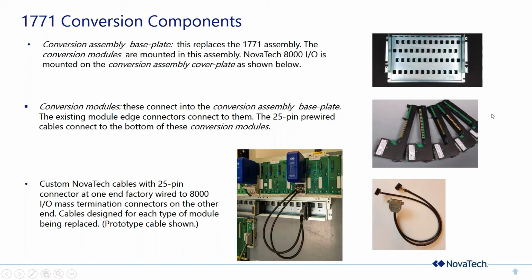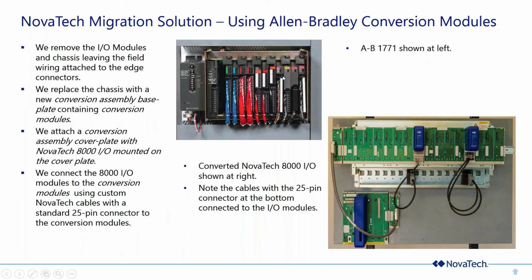This picture in the middle shows the whole thing put together. There's your base assembly. There's your conversion module connected by cables to a rack of 8000 IO. It's actually mounted to the cover plate assembly that is hinged and goes on top of this. So in an overview look, here's your 1771 rack of IO with modules, power supply, I believe.